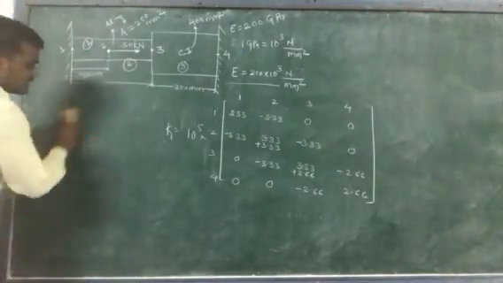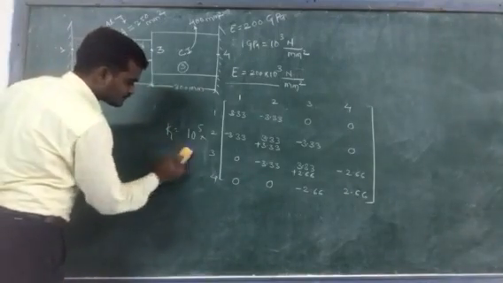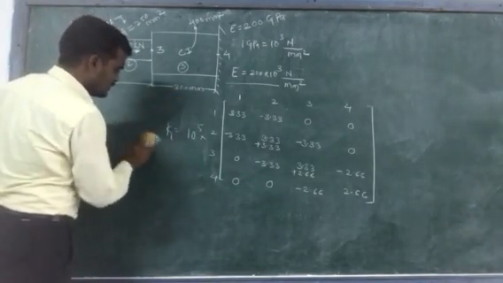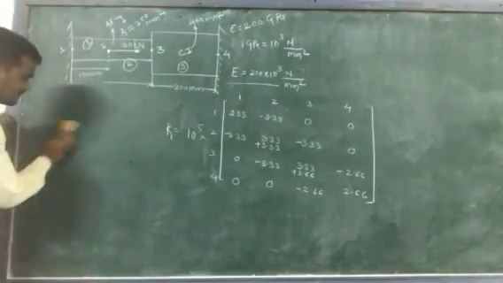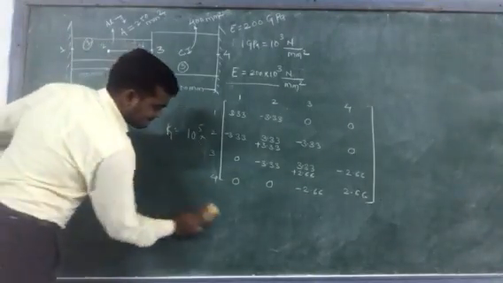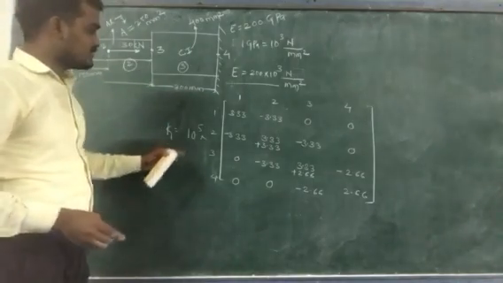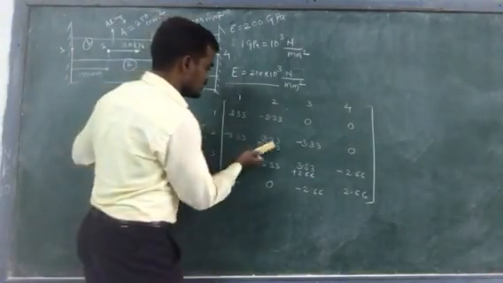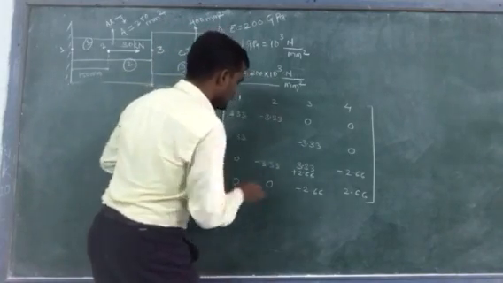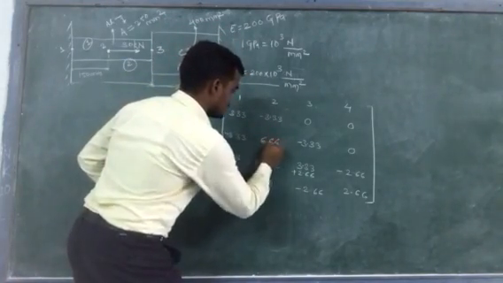Now next step is what? Next, first simplify these elements. 3.33 plus 3.33 will become 6.66.